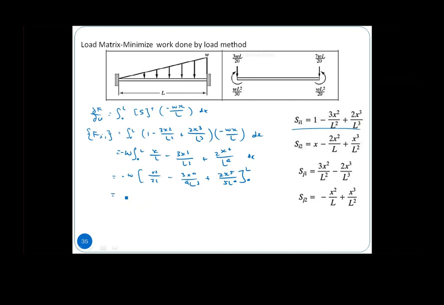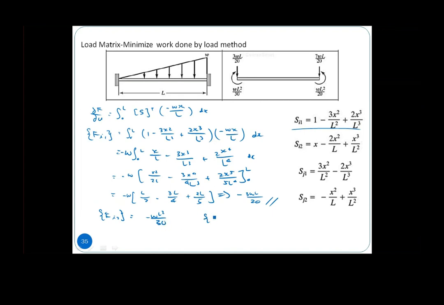So in the end we have negative, L over 2 minus 3L over 4 plus 2L over 5. It will give us negative 3WL over 20. Okay, so again, the same. If you're doing the same thing, Fi2 will give you negative WL squared over 30.